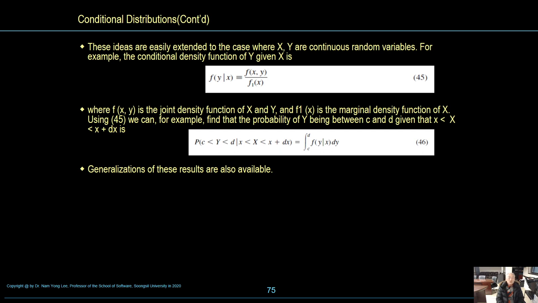For example, the conditional density function of Y given X is f(x,y) divided by f1(x), where f(x,y) is the joint density function of X and Y, and f1(x) is the marginal density function of X. Using the formula 45, we can, for example, find the probability of Y being between c and d given that x is less than X, less than x plus delta x, as in the formula 46.